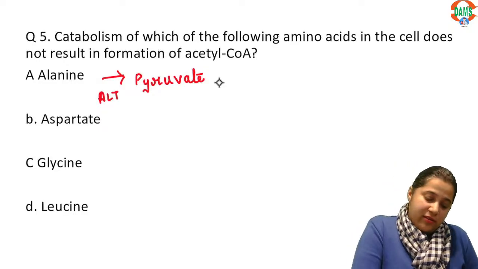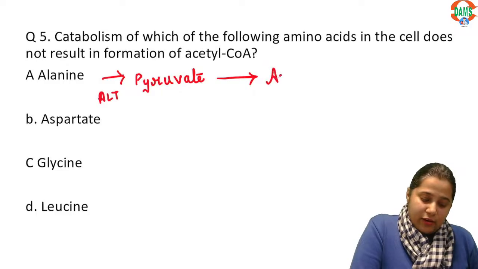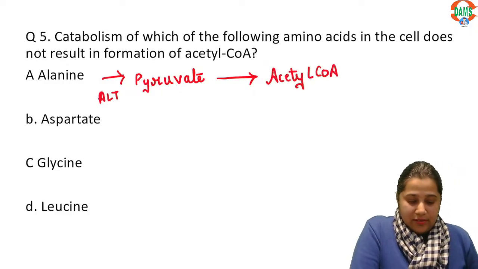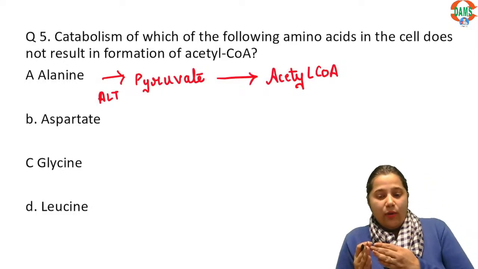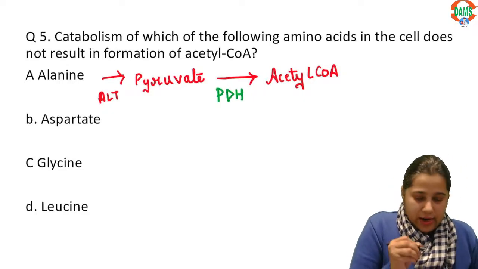And pyruvate can result in the formation of acetyl-CoA by the enzyme. You all know this enzyme. Yes, which enzyme will result in the conversion of pyruvate to acetyl-CoA? It is by the enzyme pyruvate dehydrogenase.